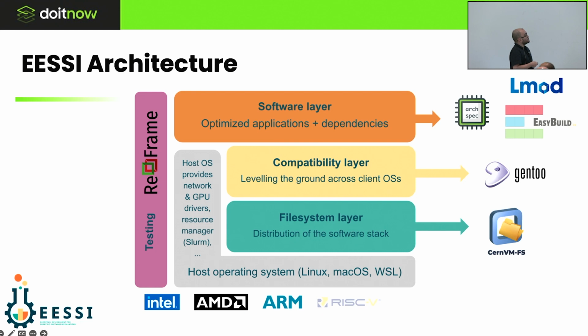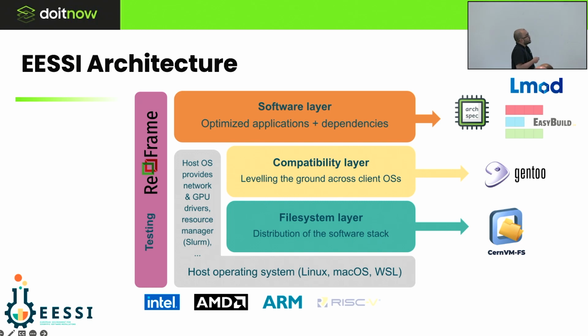The host OS will provide the basic drivers, like network drivers, GPU drivers, and the Slurm queue manager. We have tested it on Linux, macOS, and Windows Subsystem for Linux. So it covers a large part of the scientific environment.